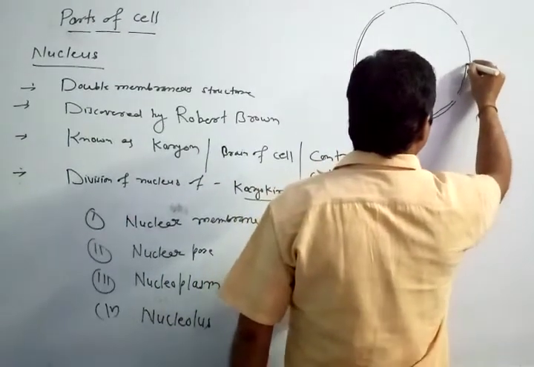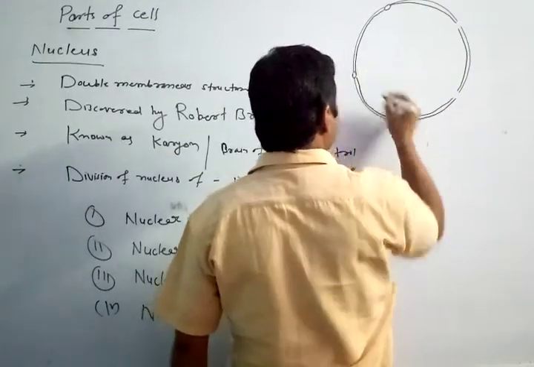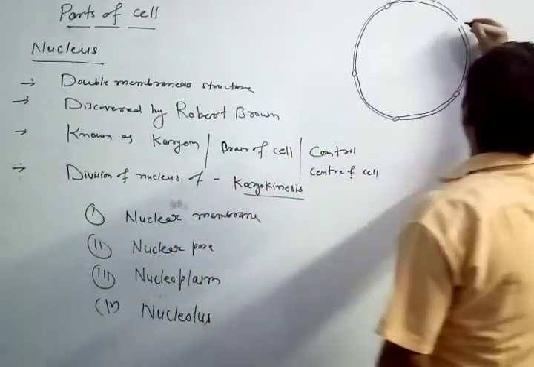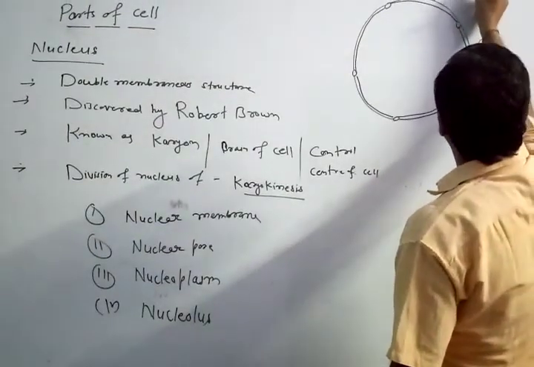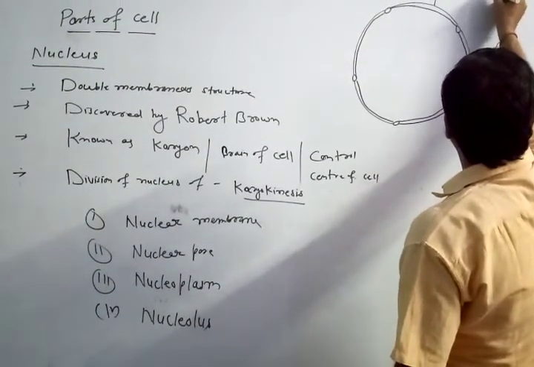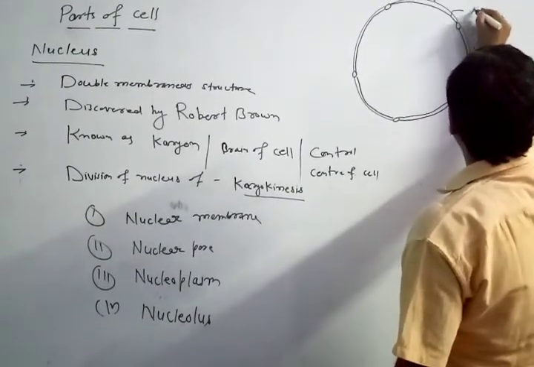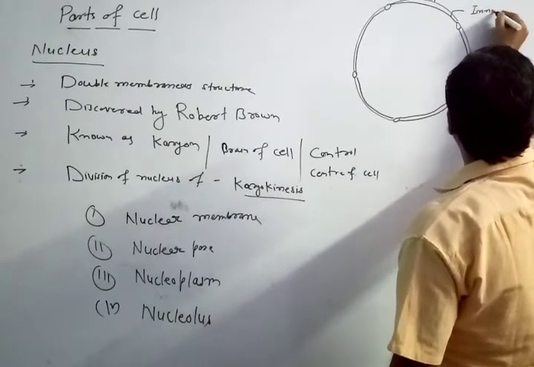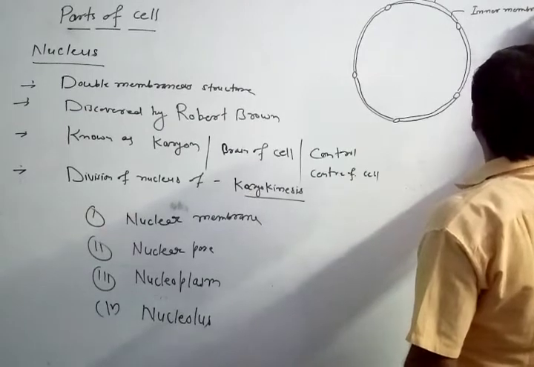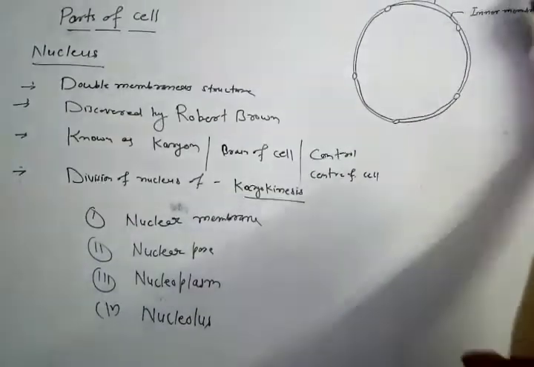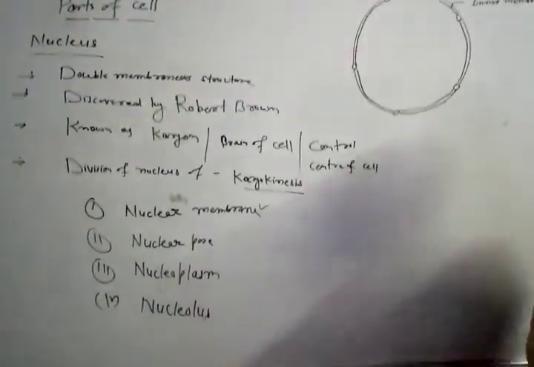You may see this is the outer membrane. This is the inner membrane. The outer and inner membranes together are called the nuclear membrane.